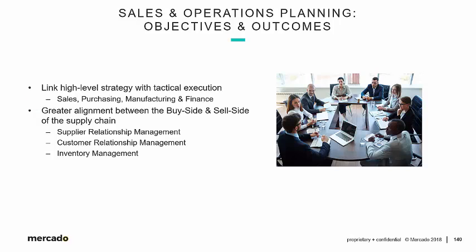Through specific programs in supplier relationship management and customer relationship management, how do we share information between the two to make the necessary adjustments that do what? Last sub-bullet point, make sure we have, ideally, just enough inventory to meet orders without running out, and never having too much inventory that it becomes obsolete, we can't sell it, and we have to write it down.